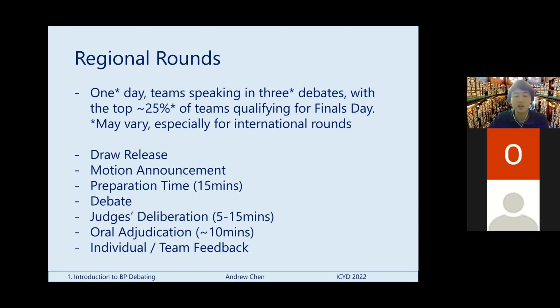After the oral adjudication, you can approach the judges for individual feedback and team feedback. This is optional, but we still highly recommend it because that's how you're going to get better as a speaker. So that's just a rough run-through of how each debate works. You'll do probably 3 of these at your regional round, and hopefully you really enjoy that. If you do really well, then you'll get to go through to finals day at the end of this.